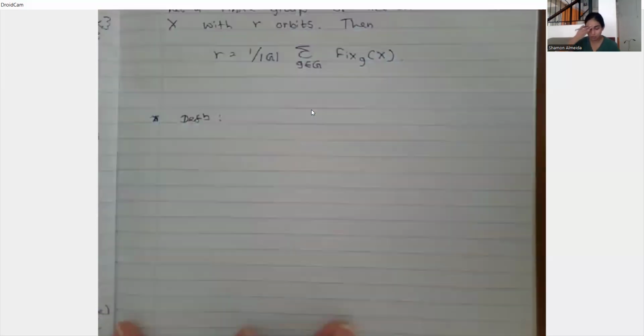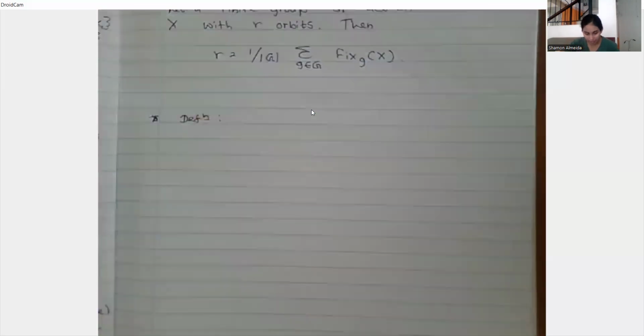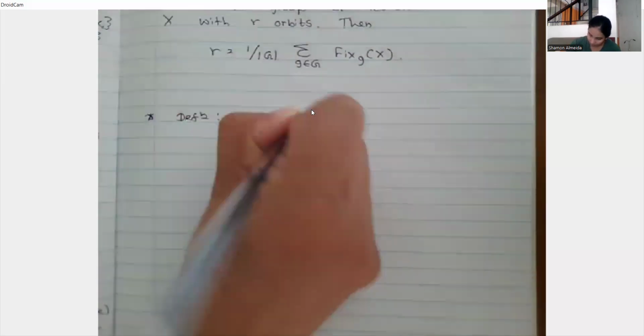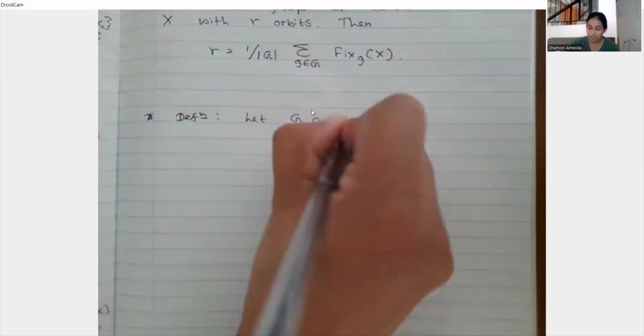Okay, what do we mean by this? Let me write the definition. Should have written it earlier. Let's take G to act on X, and let's take any element g. Let G act on the set X.